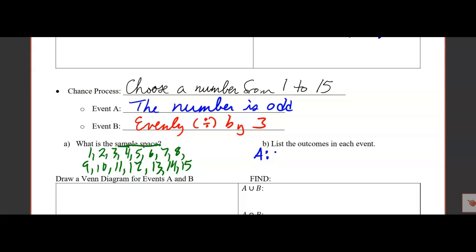Out of the set of 1 to 15, which numbers are odd? That's what my event A is. Like 1, 3, 5, 7, 9, 11, 13, 15. And I'd stop there because I'm stopping at 15 for my sample set.